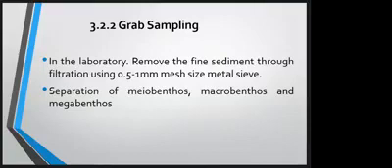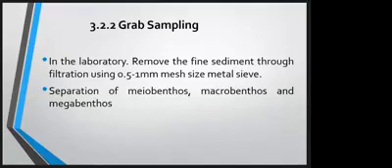If you see the organism, then definitely you can grab it. Or maybe if you have a sieve and you find this particular species in the sieve, then you have to separate it by which classification it belongs to, whether meiobenthos, macrobenthos, or even megabenthos.